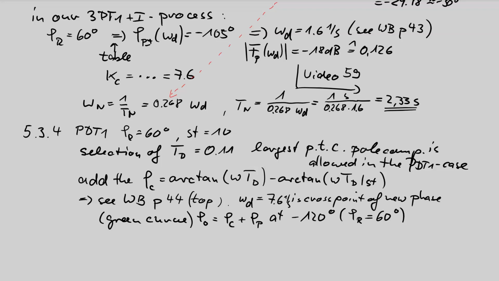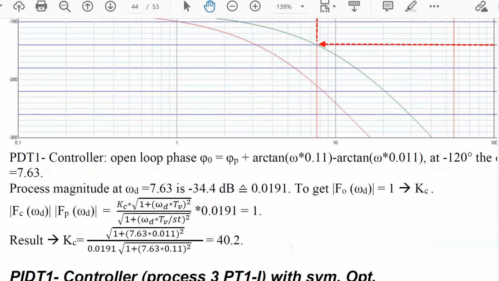But of course, the control error in the disturbance. We need the KC value. KC with open loop magnitude at omega d is 1. And with this equation you get a KC, I don't want to do this in detail. In my workbook you see the details.